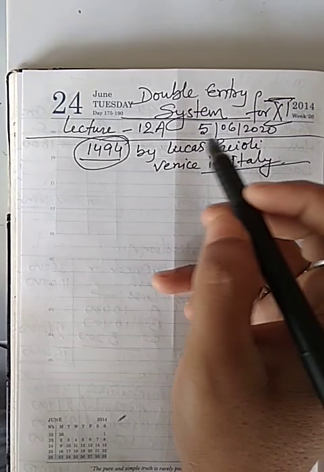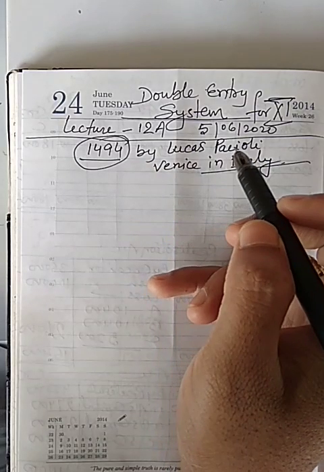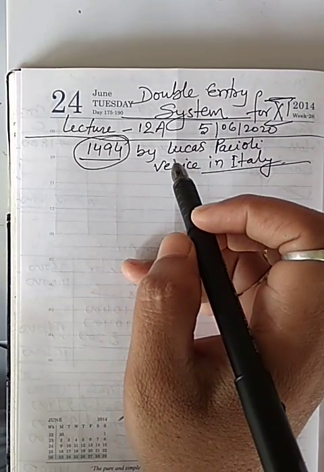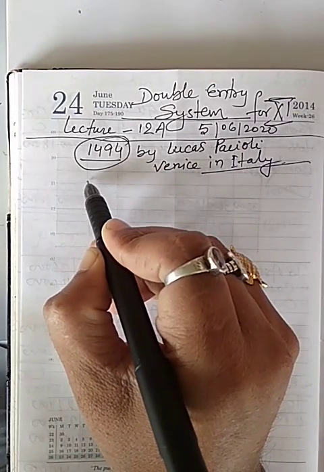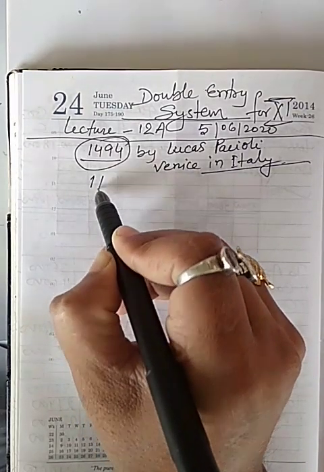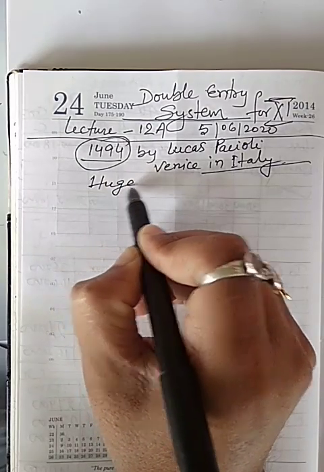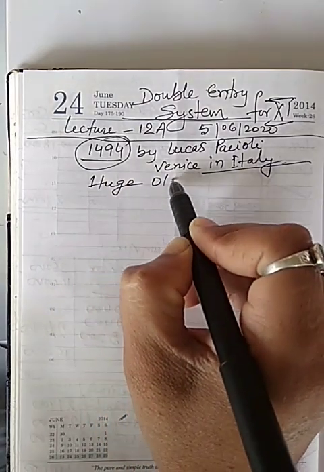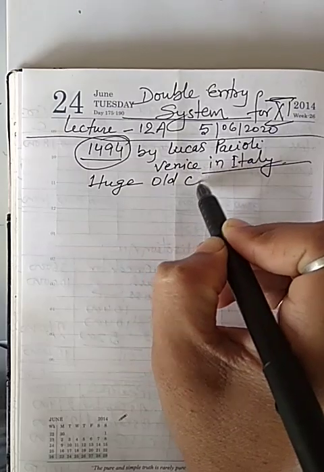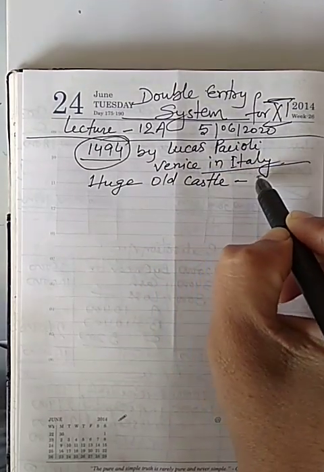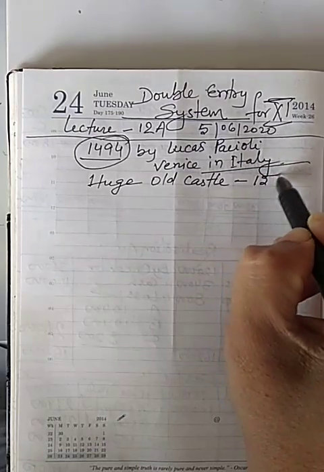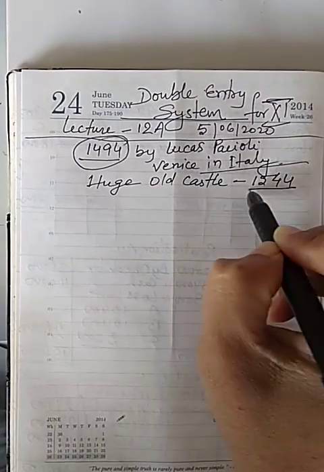Afterwards, the book was translated into English by Hugh Oldcastle in 1544.